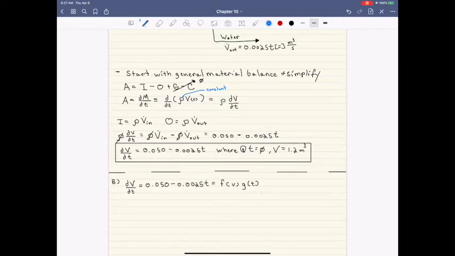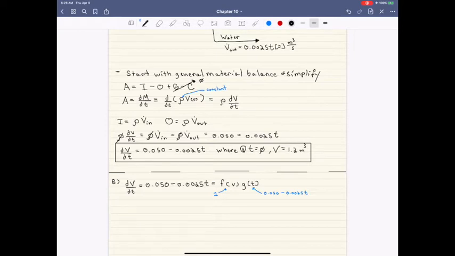And so we could just say that the g of t in our expression is this, 0.050 minus 0.0025t. And for the f of V, there's nothing on the right hand side that is an explicit function of the volume. So we could just say that our f of V is just 1.